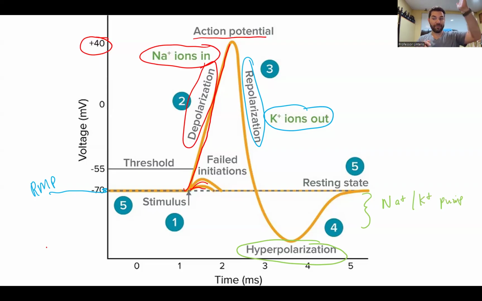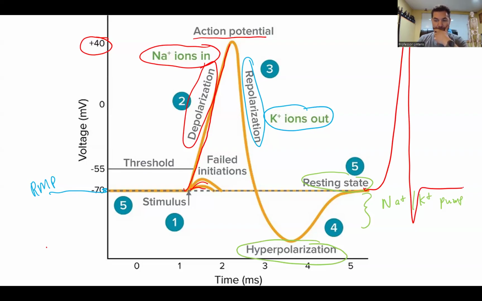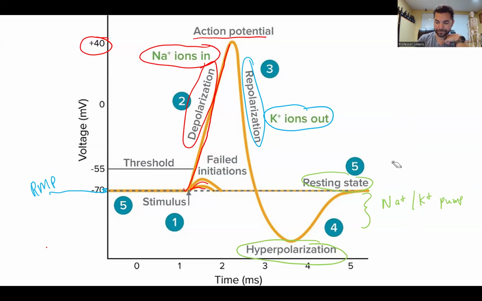Right? It pushes the salt back where it's got to go, pushes the potassium back where it's got to go from a 3-to-2 ratio, bringing that back up to our resting state. And what can we do next? Send another message. And that's the chart. And you should totally know it.